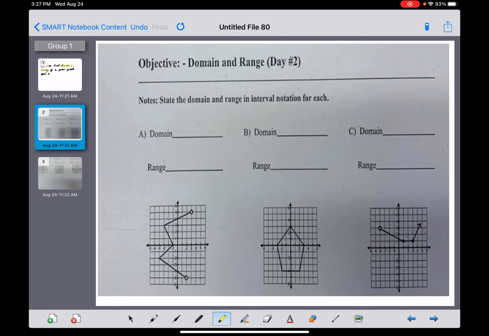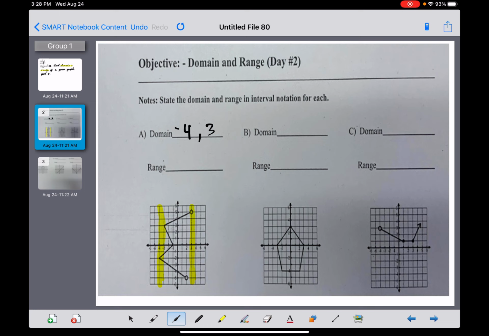So first we're going to highlight our graph. Domain means the x values, right? So we highlight the one that's furthest to the left and furthest to the right. The left-hand side starts at -4, right here, and ends at positive 3.